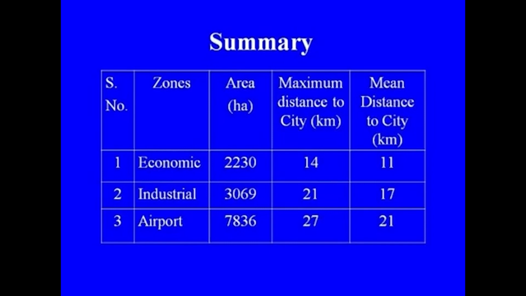Similarly, for the industrial zone, the area identified is about 3,069 hectares with a maximum distance of about 21 kilometers and a mean distance of 17, while the airport has an area coverage of 7,836 hectares with a maximum distance of 27 kilometers from the city center and a mean distance of 21 kilometers from the city center.